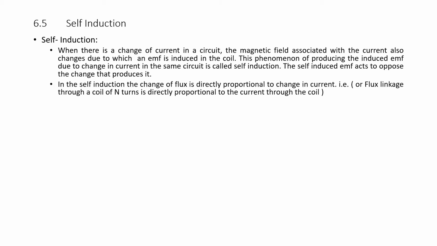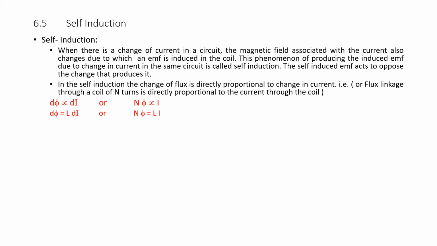In self-induction, the change of flux is directly proportional to the change of current. That is, d phi is proportional to dI. Or, the flux linkage through a coil of N turns is directly proportional to the current through the coil.